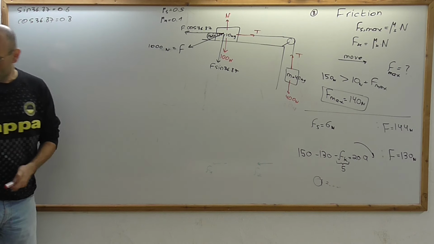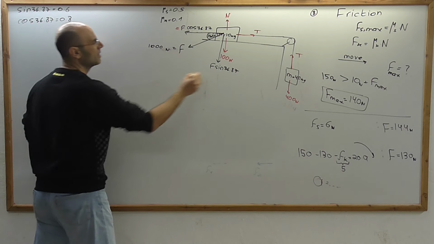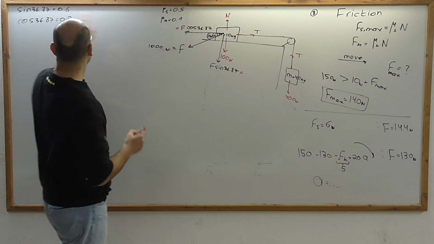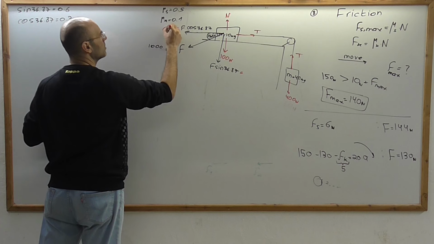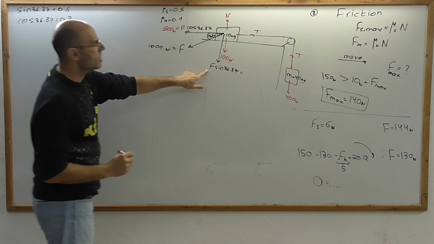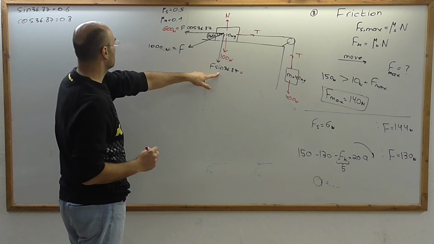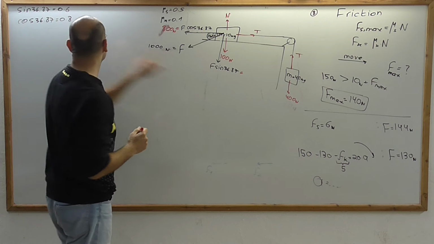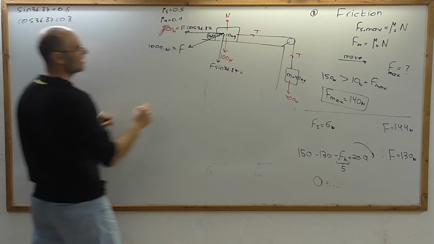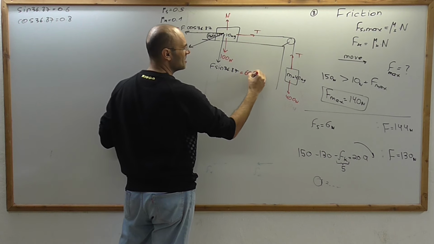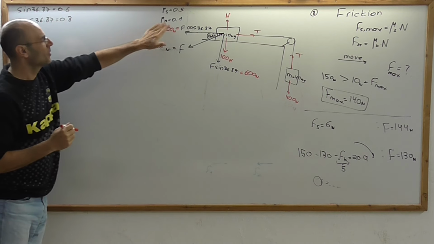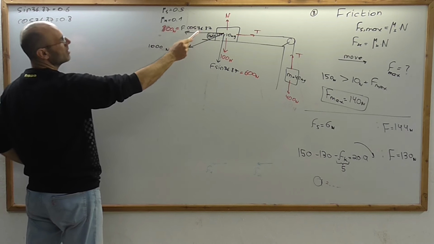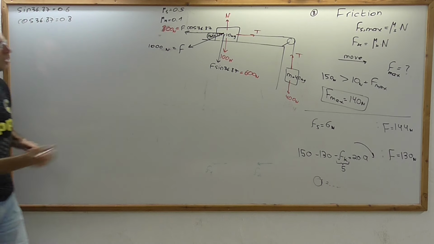So it will help me because I don't have my calculator. F is 1000 multiplied by 0.8, which is 800 newtons, and 1000 multiplied by 0.6 is 600 newtons. Okay, that's okay.